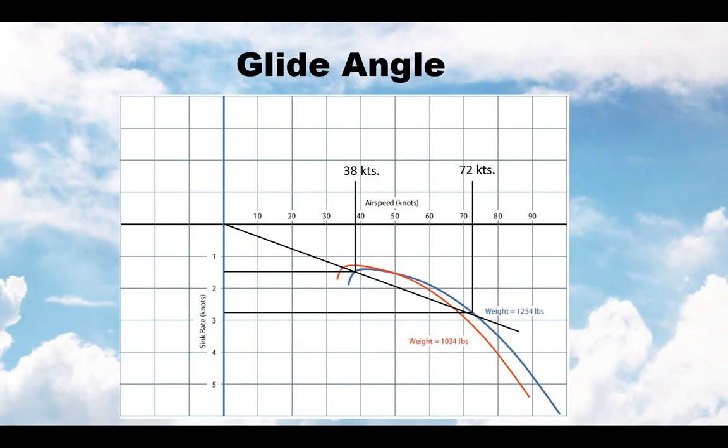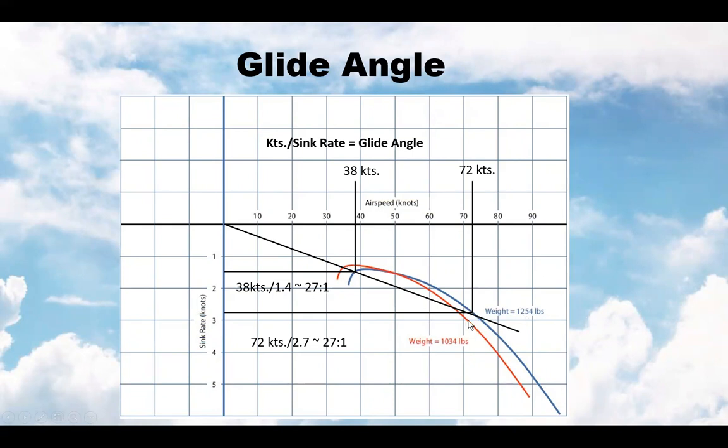But one thing that's interesting about this is the angle is the same. So you compute a glide angle by dividing the speed by the sink rate. And in this case, for the minimum sink, we've got 38 knots divided by about 1.4 equals about 27 to 1.